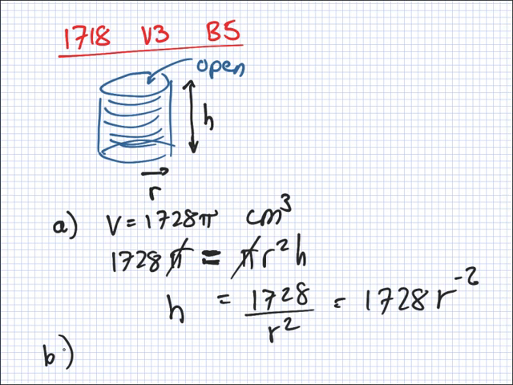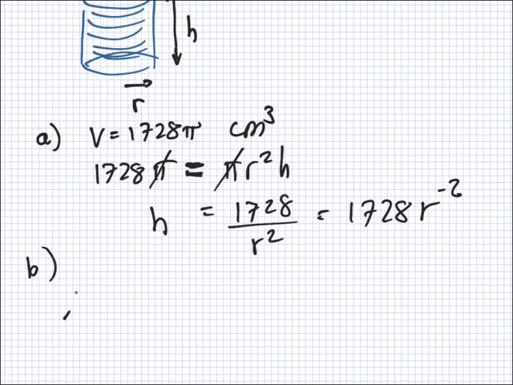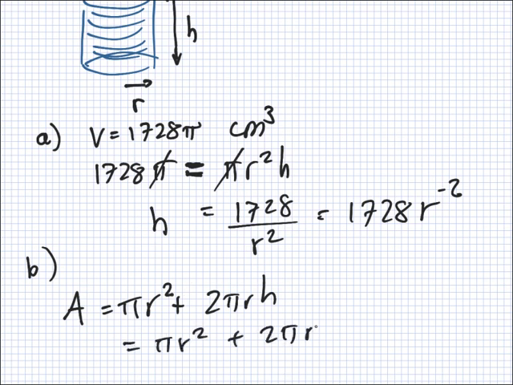Show that the outside surface area A of the cylinder is given by... Okay, don't tell me and we'll see if I match it up. So the area is made up of two parts. The circular base is pi r squared, and then the curved surface, and the formula for that is 2 pi r h, circumference times height. That's pi r squared plus 2 pi r h.